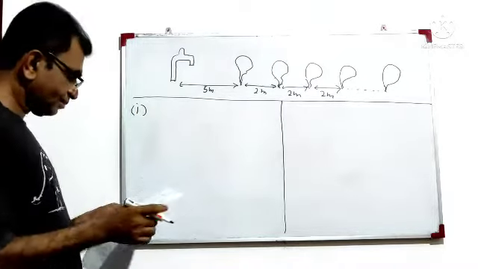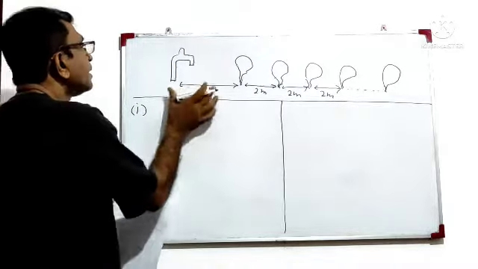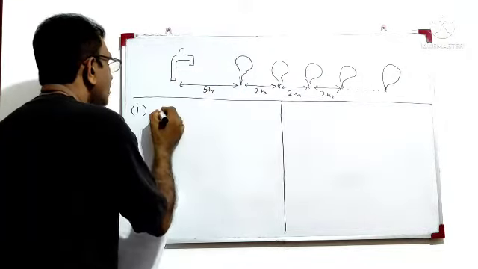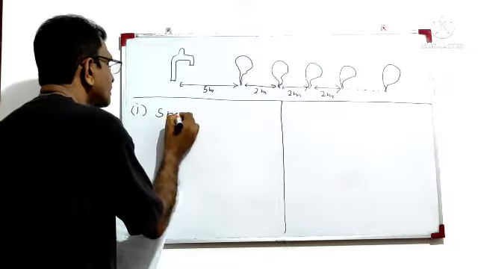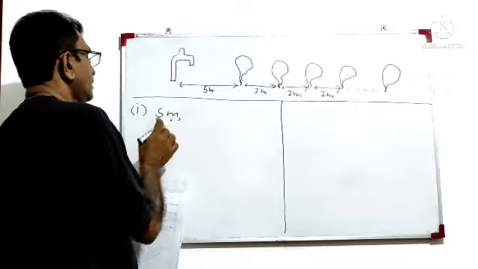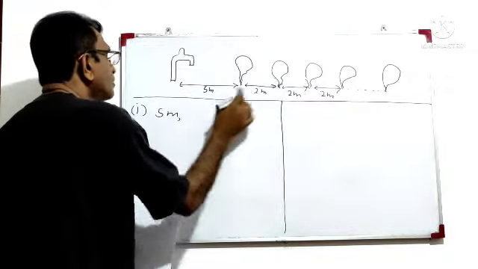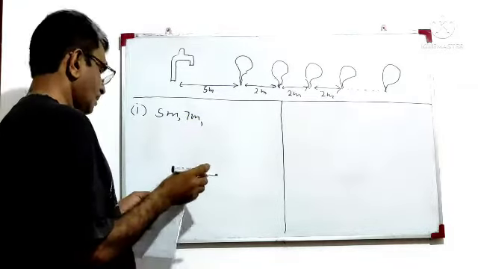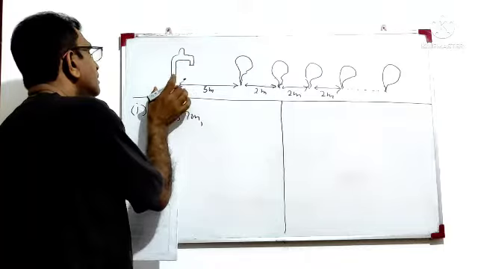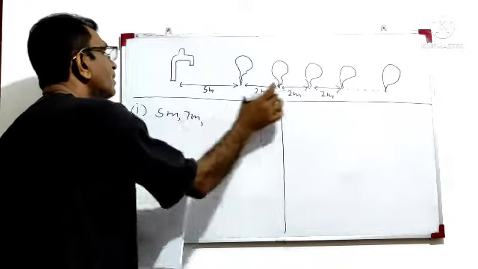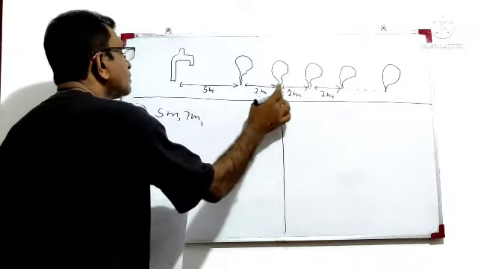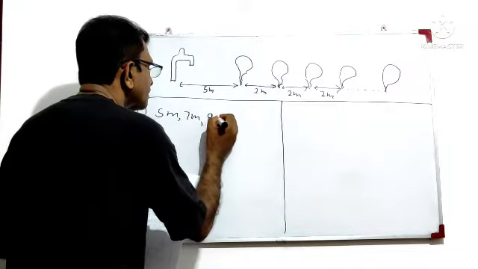The distance from the tap to first flowering bush, 5 meters. The second flowering bush, 5 plus 2, 7 meters. Then distance from the tap to third flowering bush, 5 plus 2 plus 2, 9 meters.